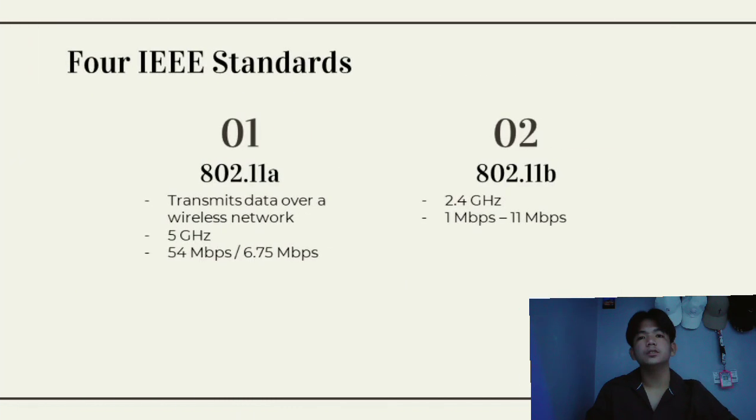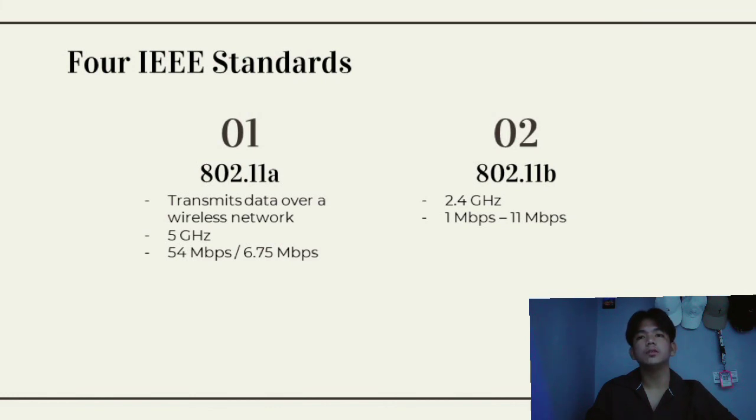For the first two out of four IEEE standards, we have 802.11a and 802.11b. 802.11a transmits data over a wireless network.